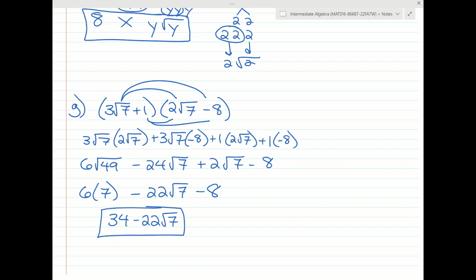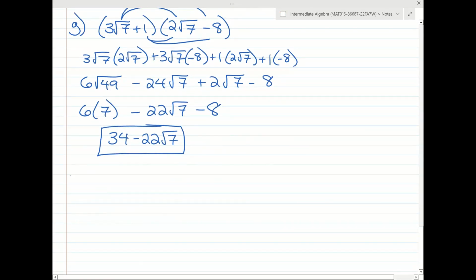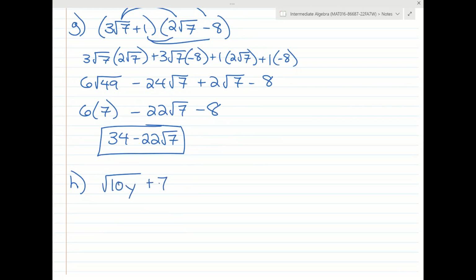We'll do one more of these. If we had the square root of 10y plus 7 to the second.